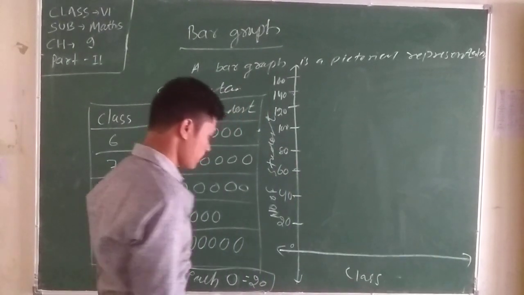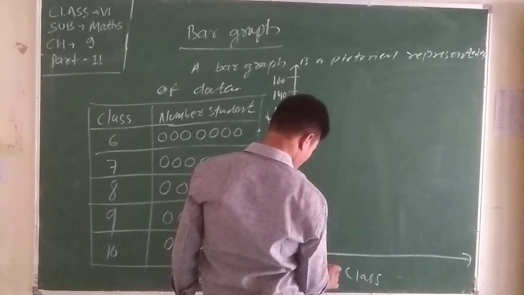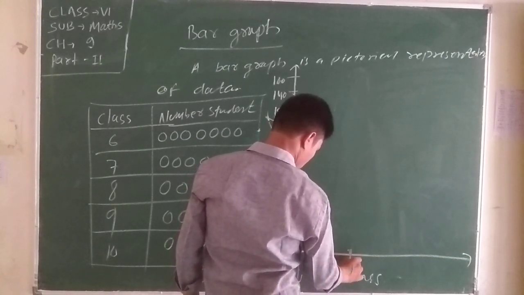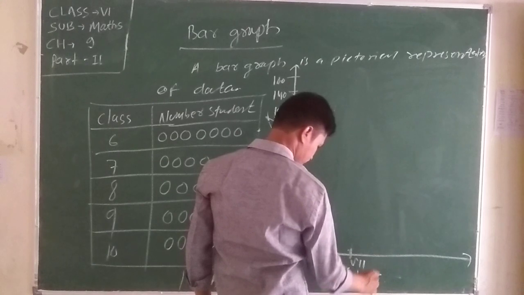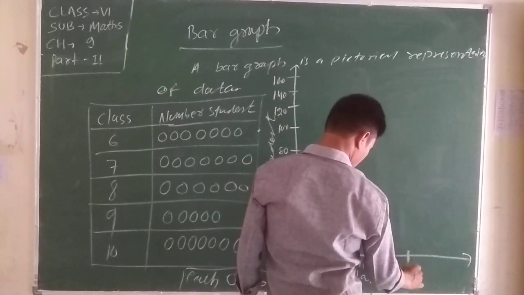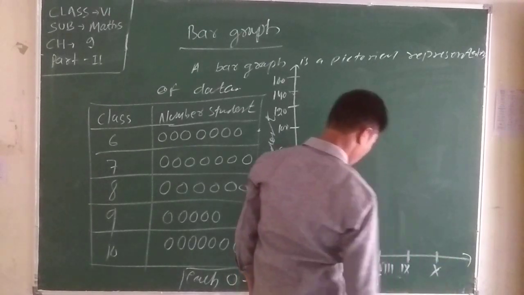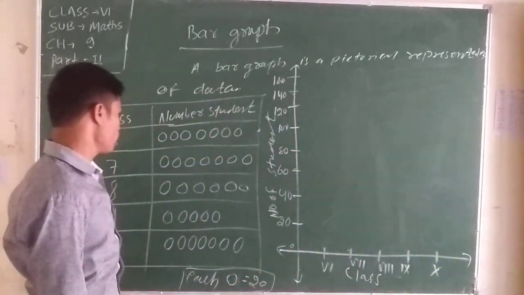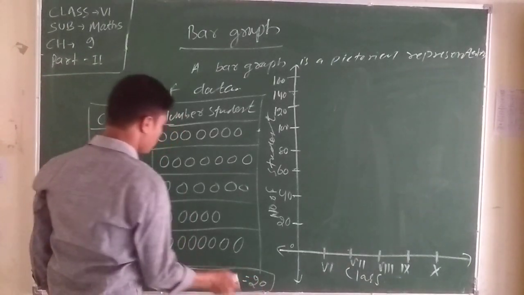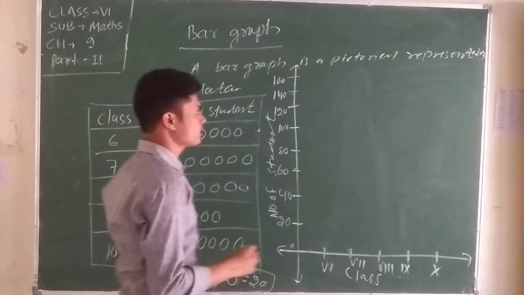Then first we take the class: 6, 7, 8, 9, 10. In the 6th class, how many students are there? Each is equal to 20. Counting 1 to 7, that is 7.